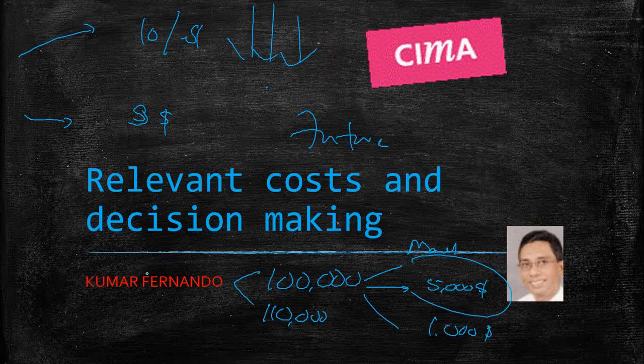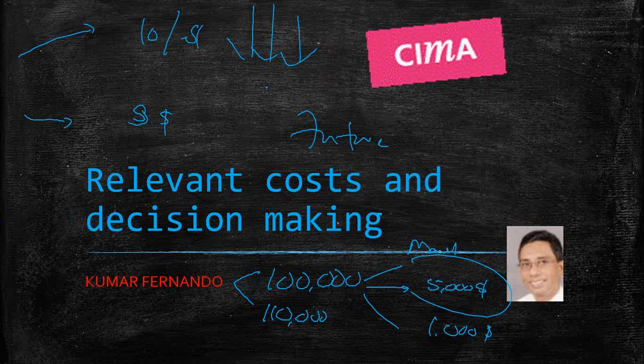So I was basically talking to you about the relevant cost. I said it's a future cost, it's an incremental cost, it's an additional cost. You have a sales rep who is given a target of selling 100,000 units, and whether he sells 50,000 or 100,000, he gets a salary of $5,000.